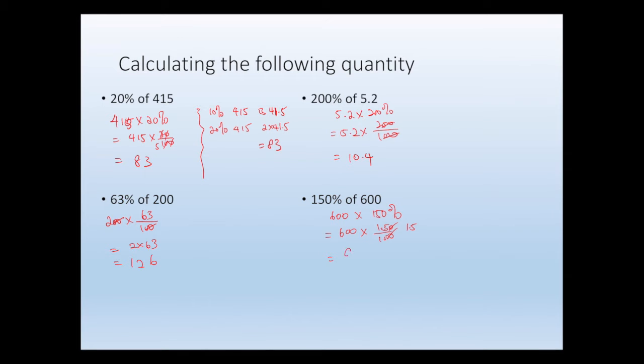So 600 times 1.5 is 900. Or you can work it out: 100% of 600 is 600. 50% of 600 is 300. Therefore, 150% is 900. So it really doesn't matter how you do it, as long as you can work out the percentages.